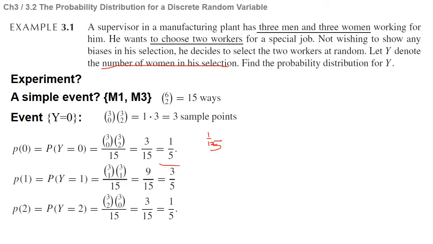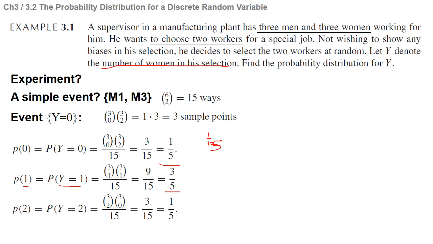And what about events 1 and 2? For event 1, we need to choose one member from 3 men and one member from 3 women. So it's 3 choose 1 times 3 choose 1, so it's 9 over 15. And so the probability of random variable Y equal to 1 is 3 over 5.